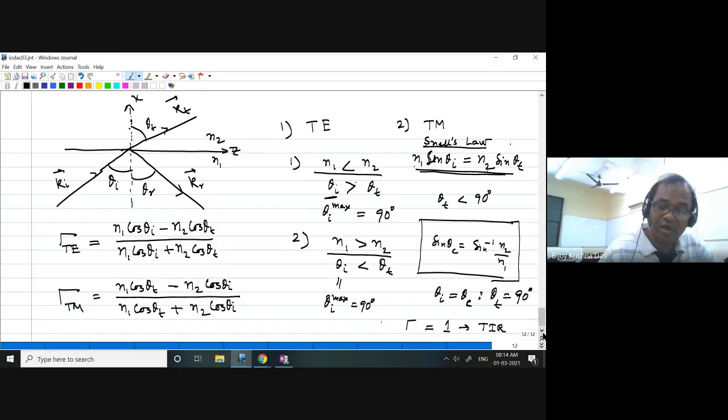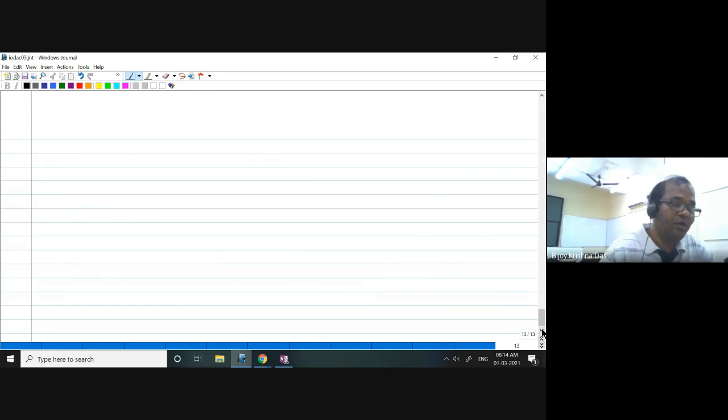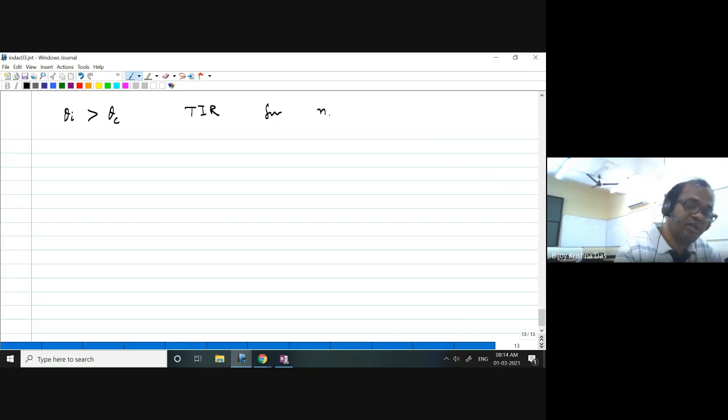But what we will discuss today is what happens when theta i is greater than theta c. From our school knowledge, we also know that total internal reflection takes place for the same condition, n1 greater than n2.